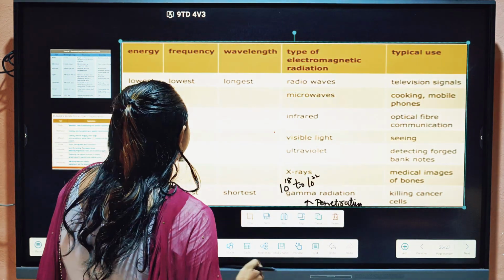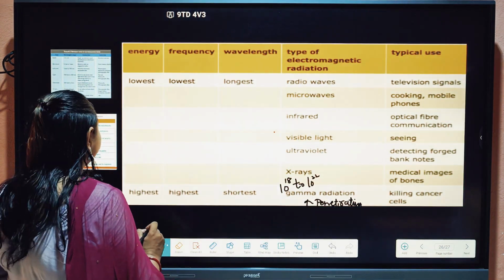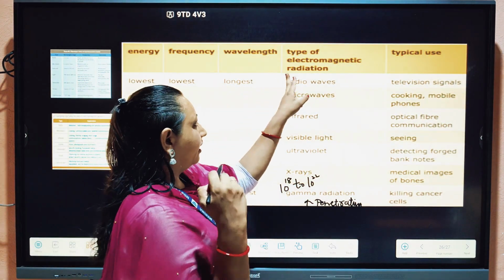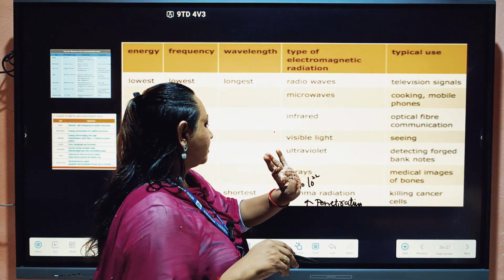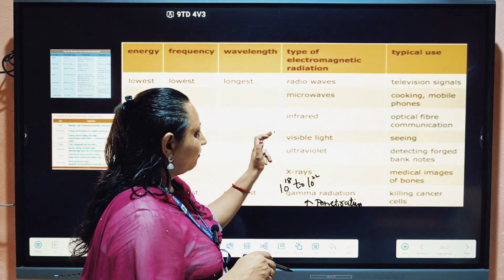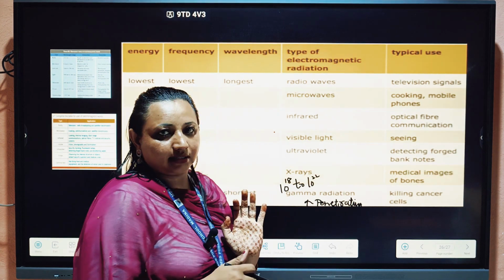So this is the electromagnetic spectrum. Here we have 7 types of waves. What are those? Radio waves, microwaves, infrared, visible, ultraviolet, X-rays, gamma rays, right?